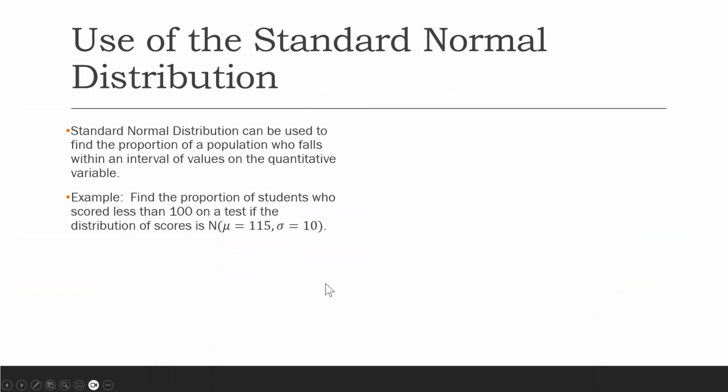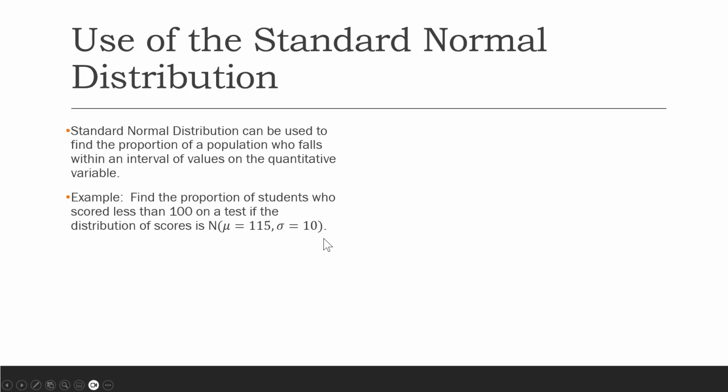An example is this one here: find the proportion of students who scored less than 100 on a test if the distribution of scores is normally distributed with a mean equal to 115 and a standard deviation equal to 10.